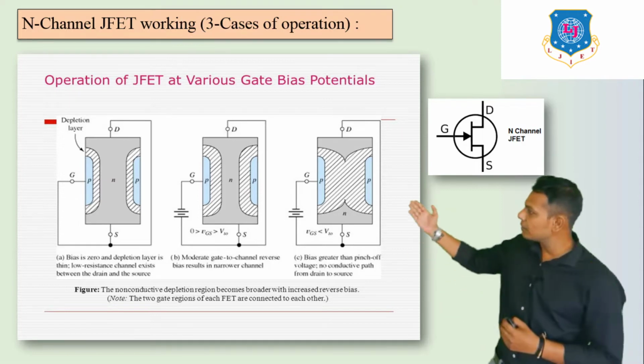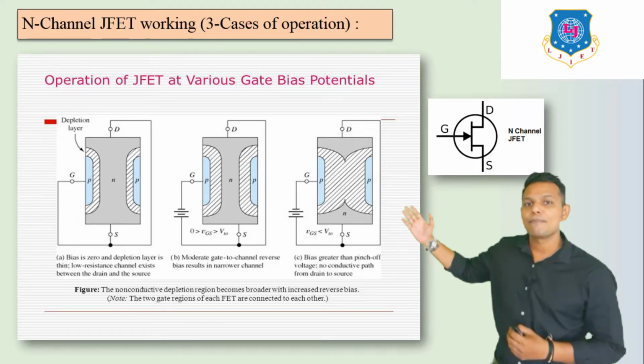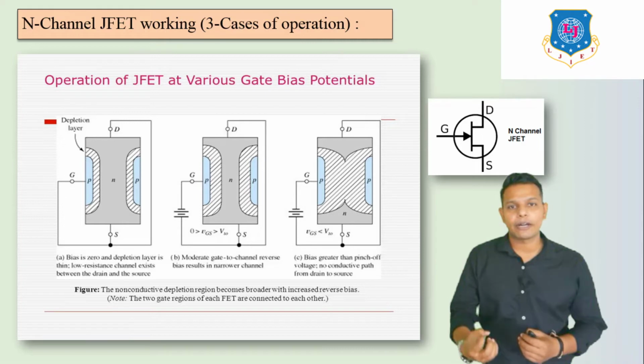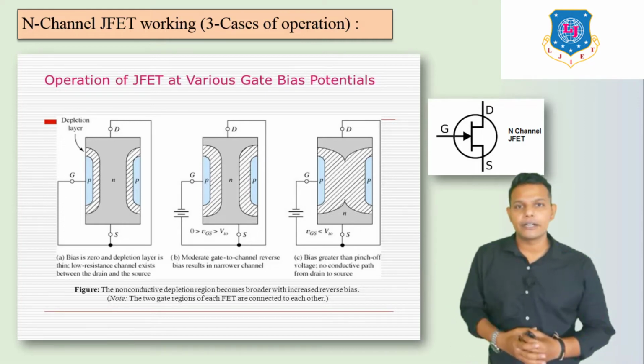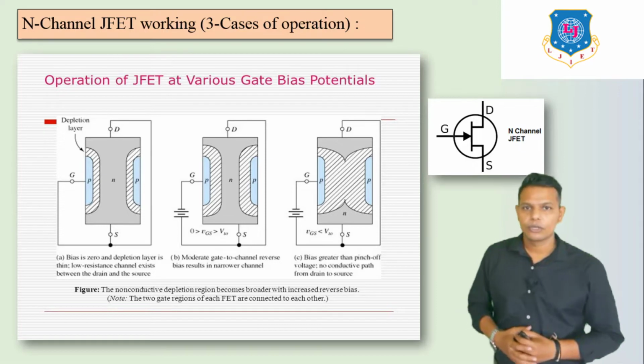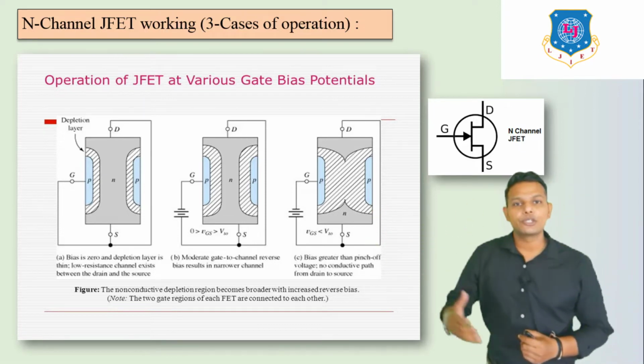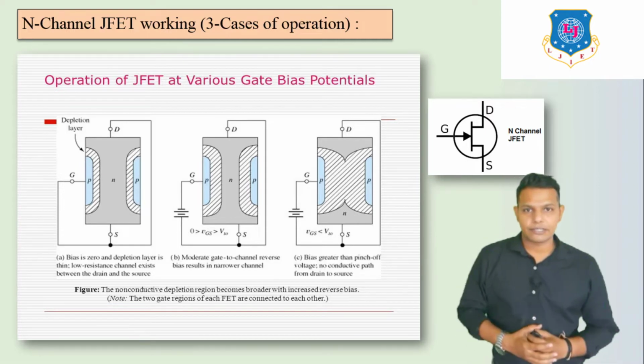Here we can see the width of the depletion region is maximum. So at this time the flow of drain current becomes 0. So ID is equal to 0. On this working principle we are going to draw the characteristics.